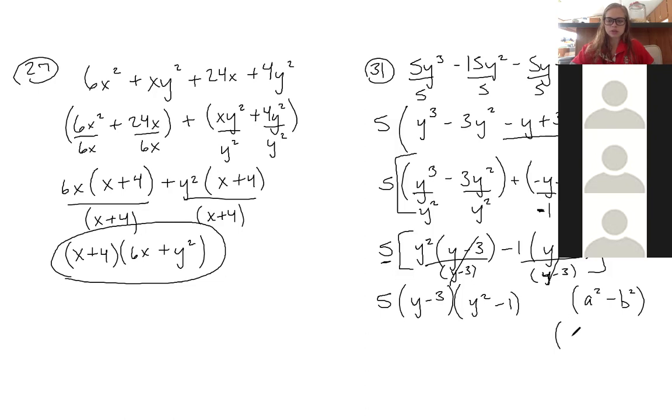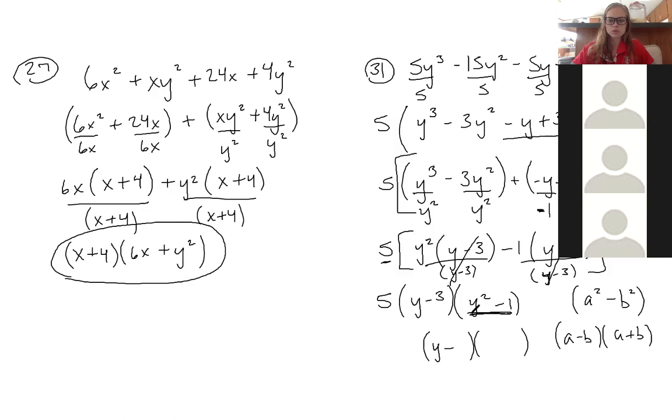And that will get you a minus b, a plus b. So what will y squared minus 1 factor to?